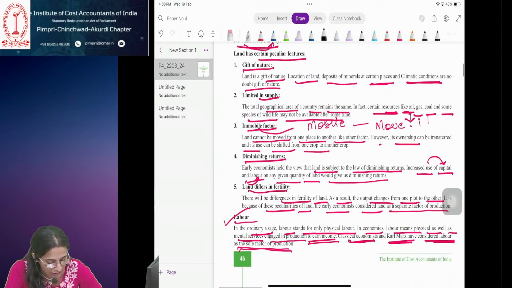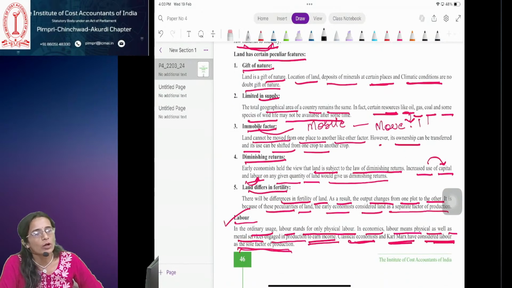Next, diminishing returns. What we discussed, the law of diminishing returns. What is the law of diminishing returns? Can anyone recall? Boys? No. So the law of diminishing returns is what we discuss.